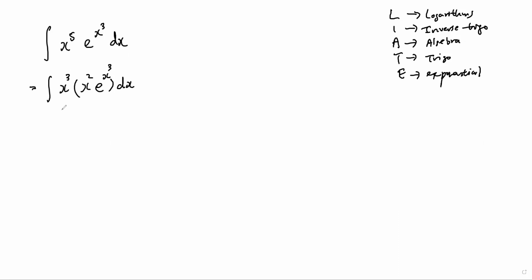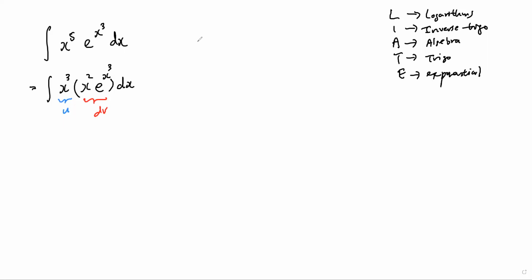Which one should we let be dv now? We can actually do by parts like this. Let's try to let this be dv, and we're going to let this be u.